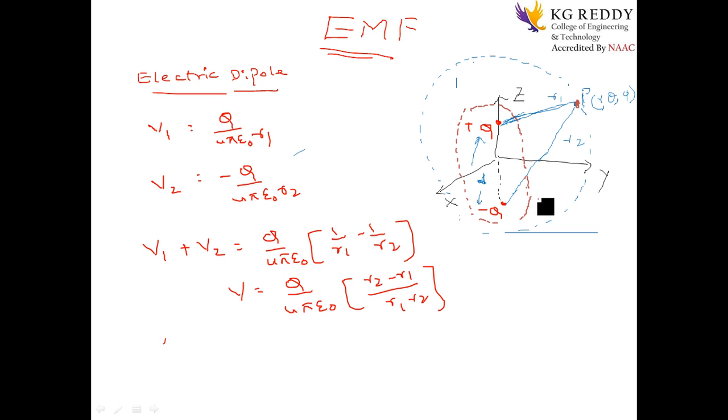So let me take the same axes again. This is x, this is y, and this is z. Now this is the positive charge, and in the same way this is the negative charge, which is exactly lying on the minus z axis.